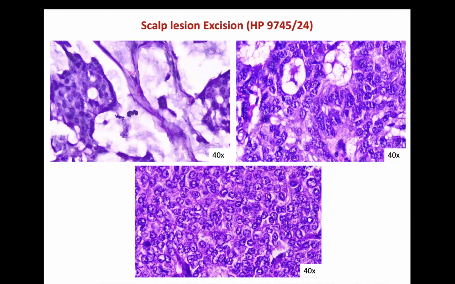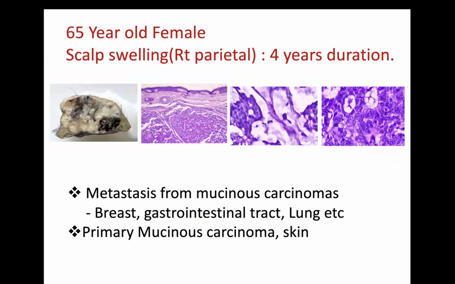Again, not much pleomorphism. Mitosis was very scarce. So for this 65-year-old lady with a scalp swelling of 4 years, with these histomorphological findings, we suggested two possibilities: metastasis from mucinous carcinoma, possibly of breast, GI tract, or lung origin, or a primary mucinous carcinoma of the skin. We advised workup and proceeded with IHC.